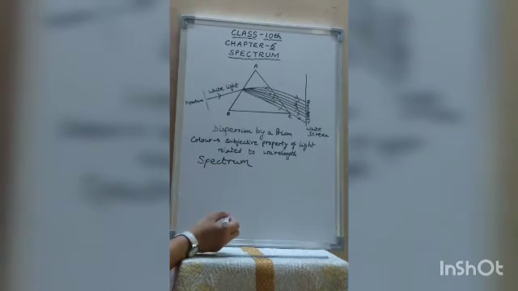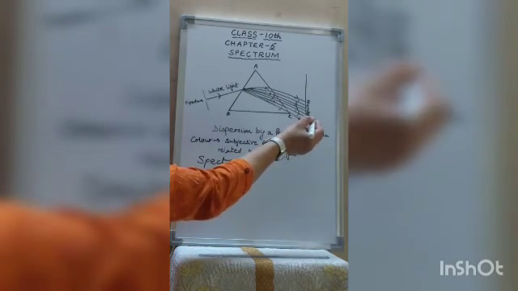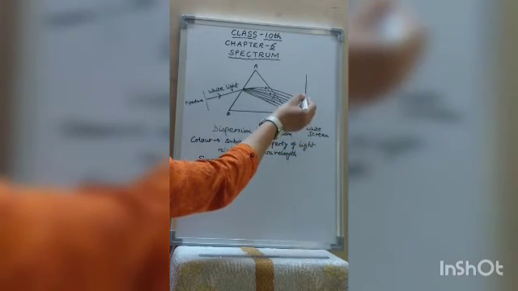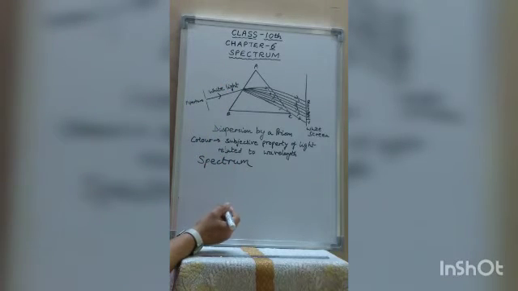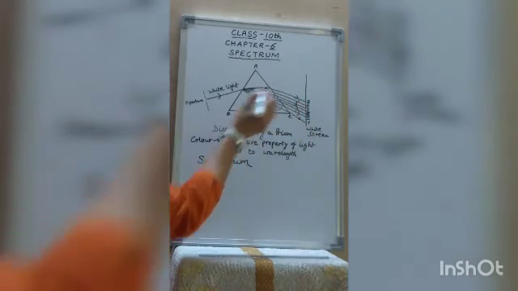Starting from the side of the base of the prism, the order of the colors was violet, indigo, blue, green, yellow, orange, red. This order of colors can be easily remembered by the mnemonic VIBGYOR.